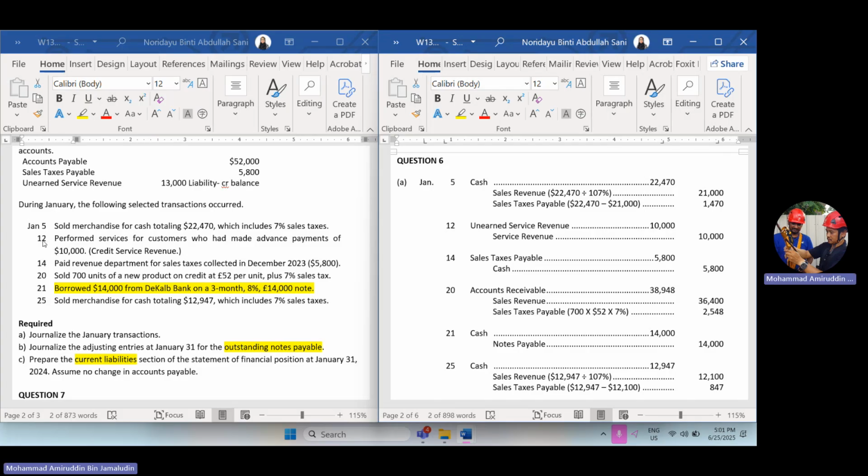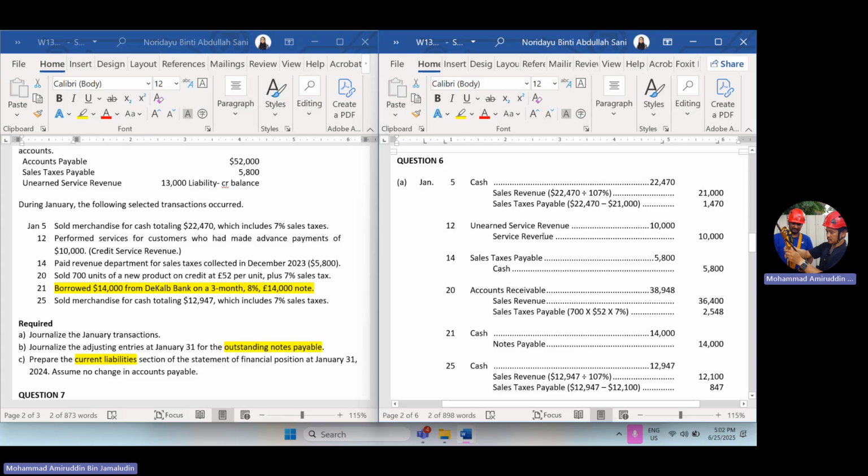Okay, next. 12th January, perform services for customers who had made advance payment of 10,000, which is from your service revenue, this one. Now you perform the service. You already collected the revenue in advance. So now only you charge this revenue.